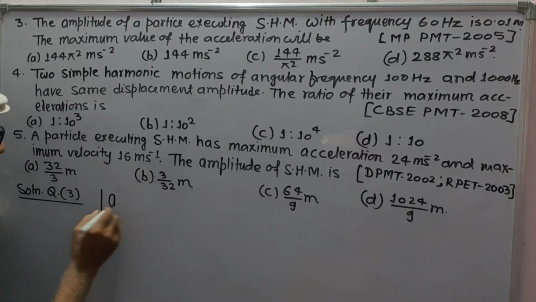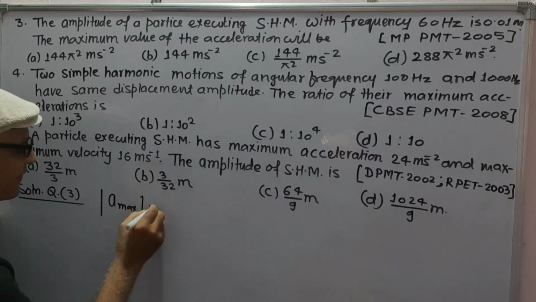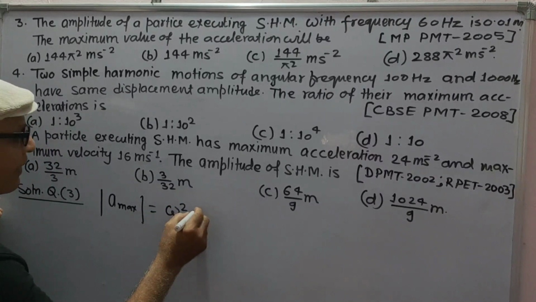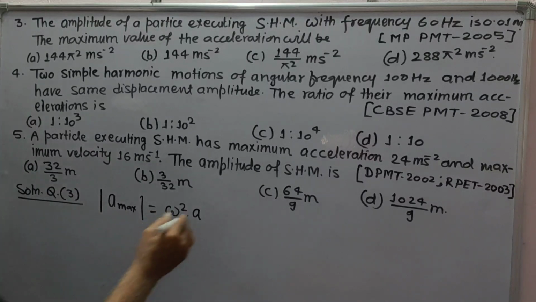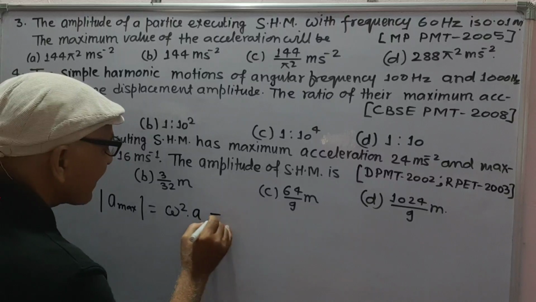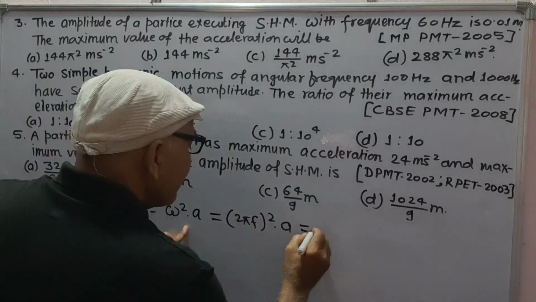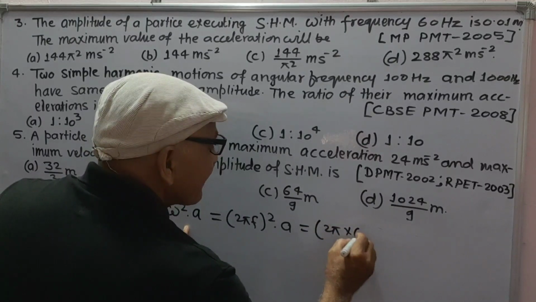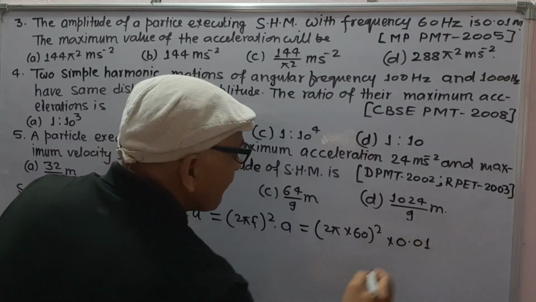We know the magnitude of maximum acceleration is equal to omega square into A. Here this can be written as 2 pi f square into A. 2 pi into f, which is 60, square, into A, which is 0.01.